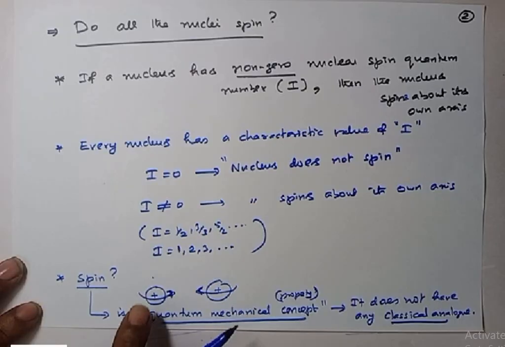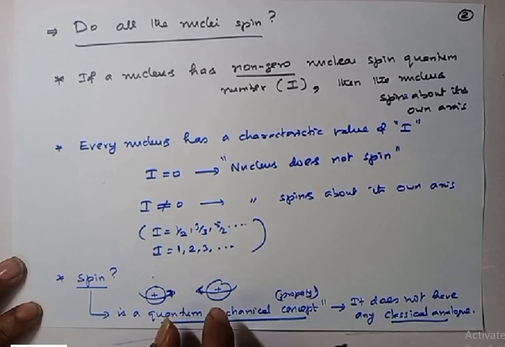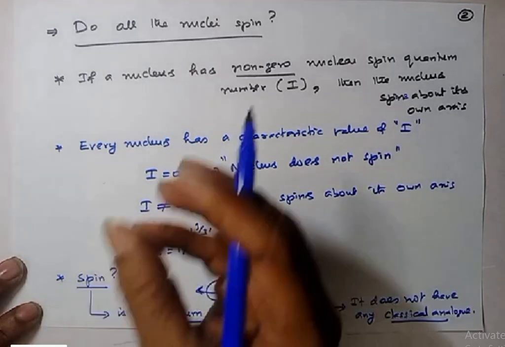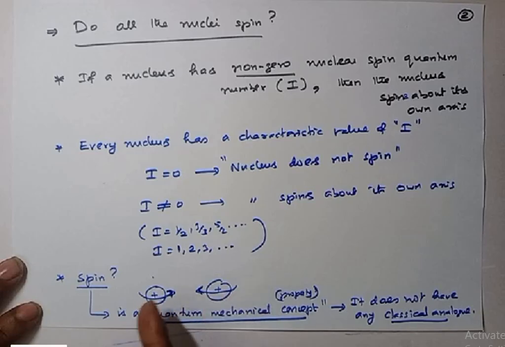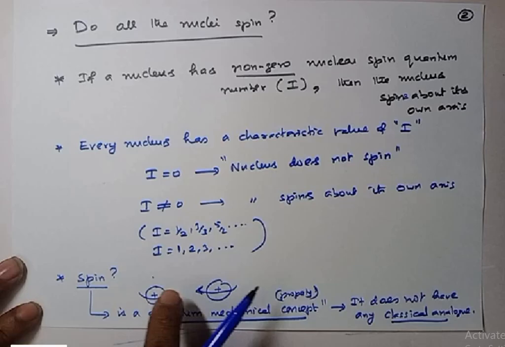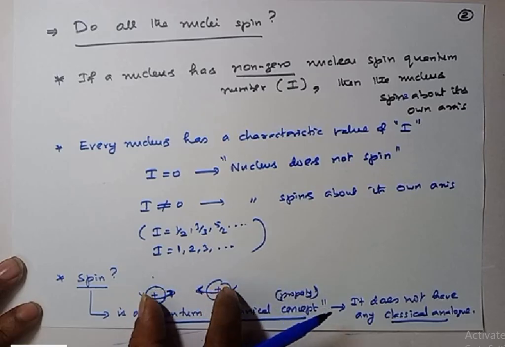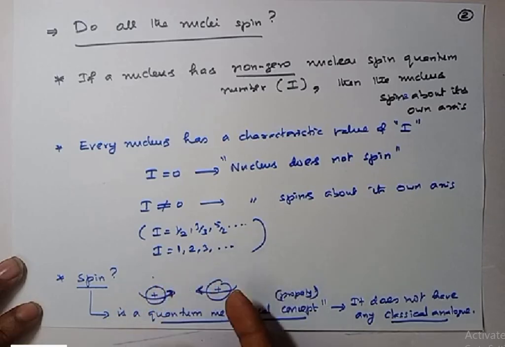But we use this type of notation because it is easy to understand the idea of NMR using these toy models. But actually, quantum spin is in no way connected with these demonstrations, with these toy-like pictures.